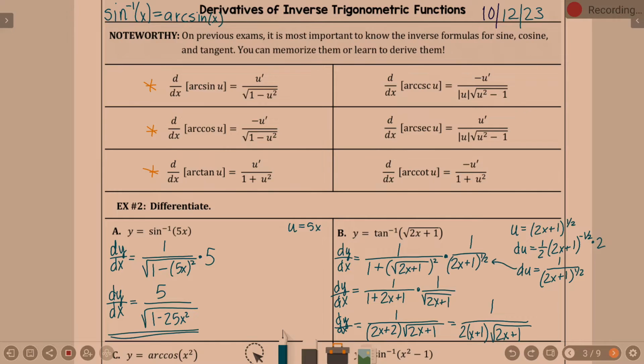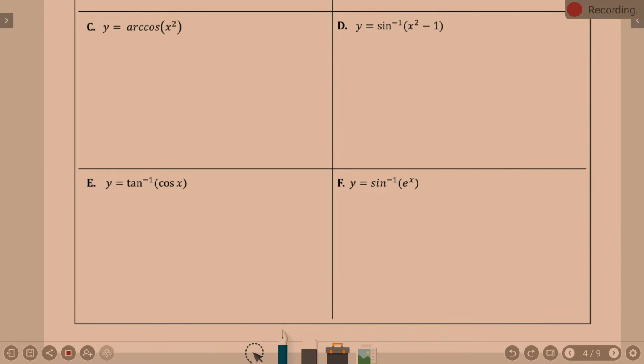Okay, continuing. C, y equals arc cosine of x squared. What is this really saying? Cosine inverse of x squared, yes? So that's what you're really looking at there. u equals x squared. So dy/dx.